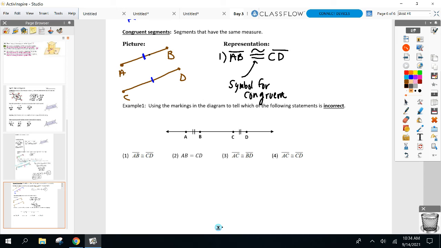Congruent. They're already congruent based on the diagram and the hash marks. So I will let you go through each of these 4 choices and see what you think. I won't call on anybody, but see what you think. You already know AB and CD are congruent. I gave you that because of the hash marks. So knowing that, which statement is incorrect?